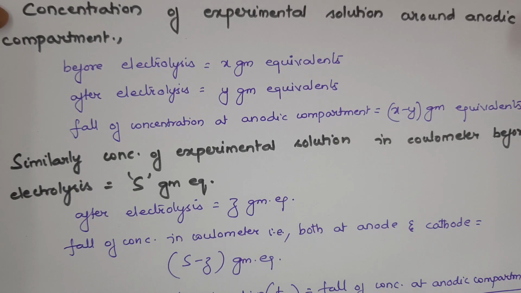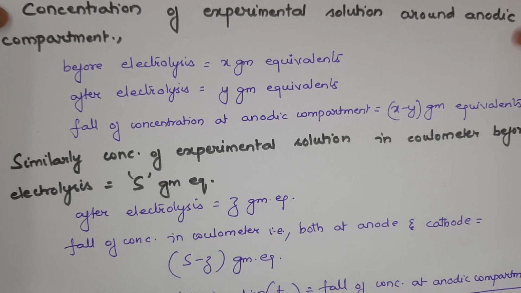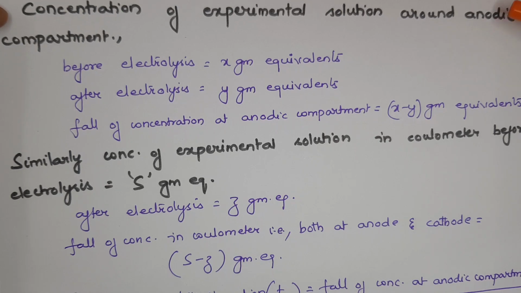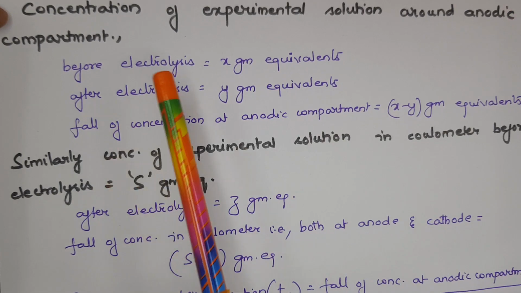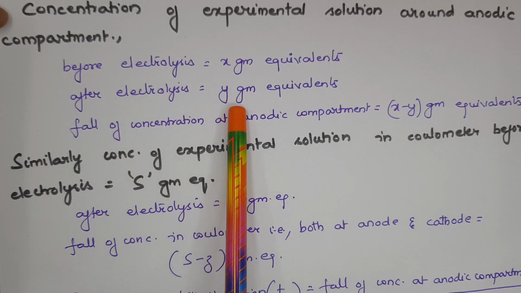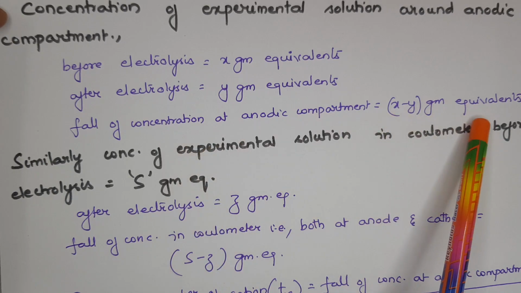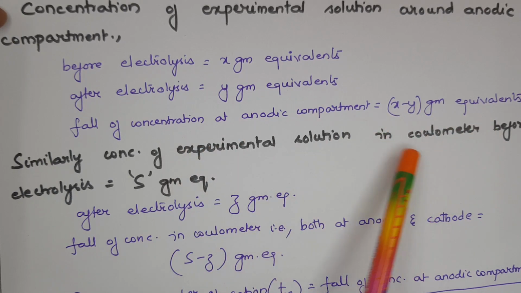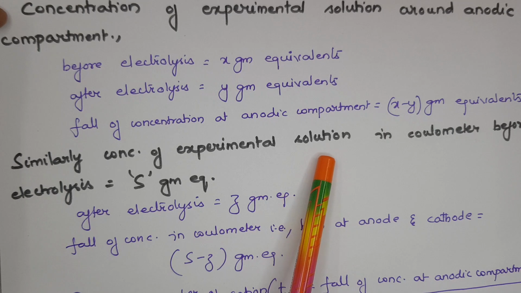First, I told you, either from the anode or from the cathode, the experimental solution is collected into a conical flask and the change in concentration has to be determined. Here I have mentioned anode. So before electrolysis X, after electrolysis Y, fall in concentration X minus Y. Now from the coulometer, the experimental solution is collected.